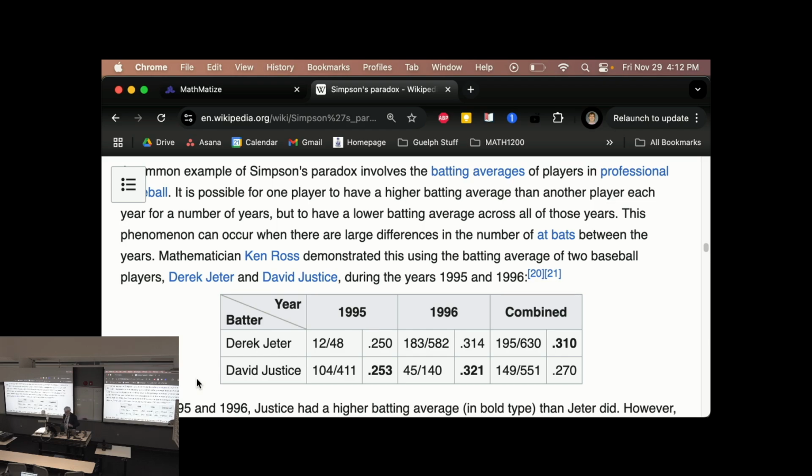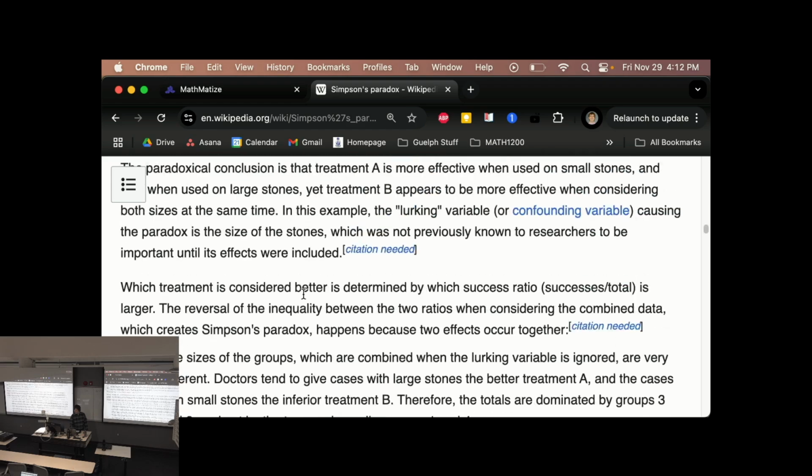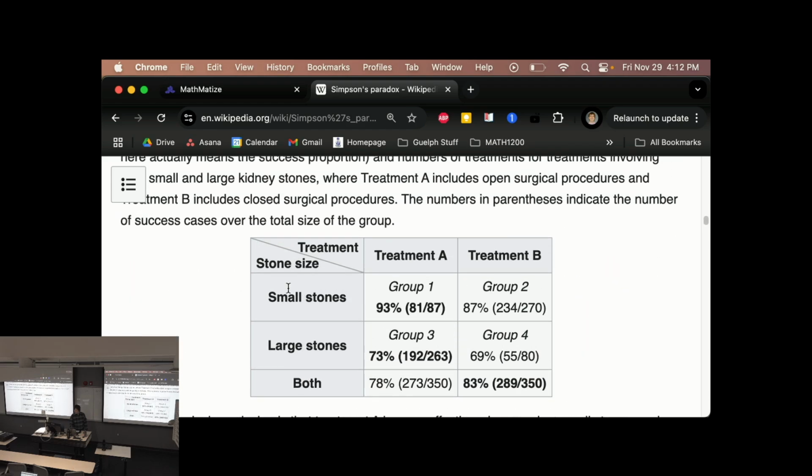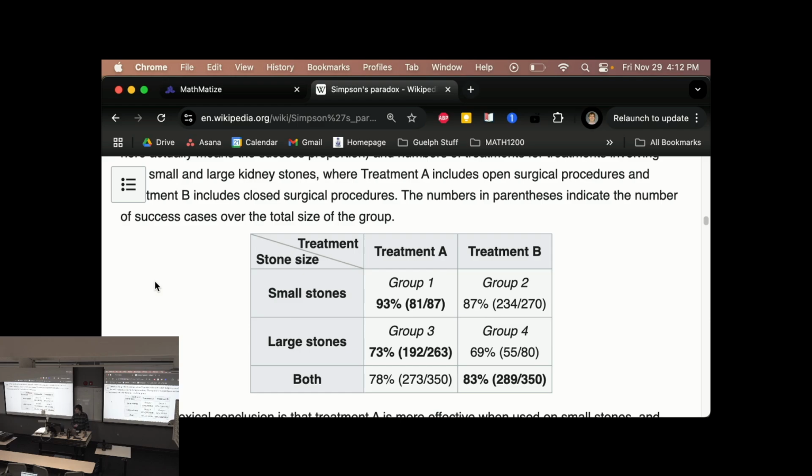Now, let's go up to our kidney stone example. The kidney stone example is a case where there's a real consequence of this, a real application. They've got two treatments for kidney stones, and these percentages are the percentage of successful surgeries.